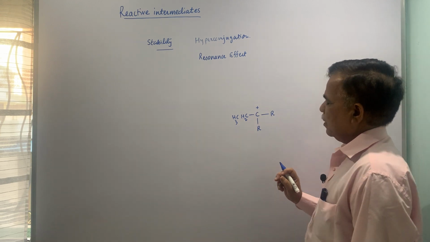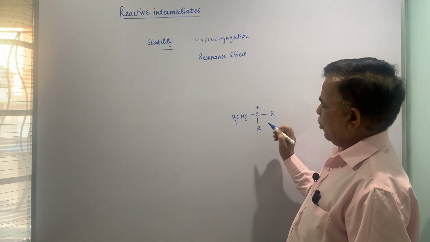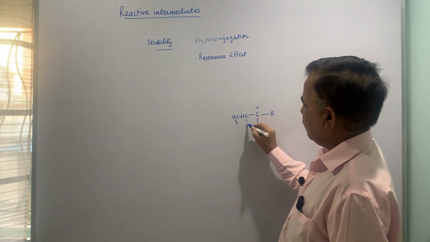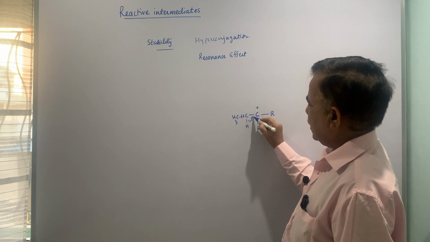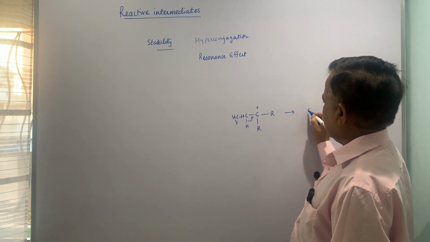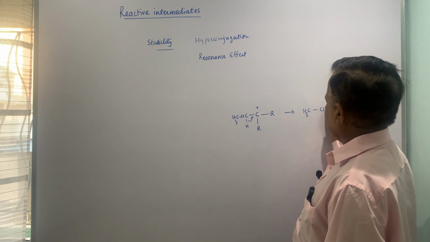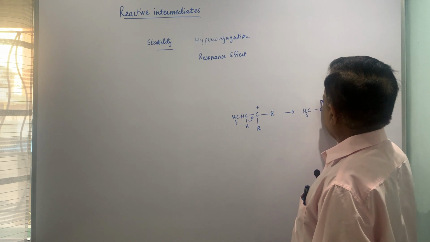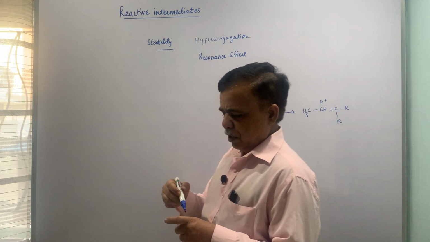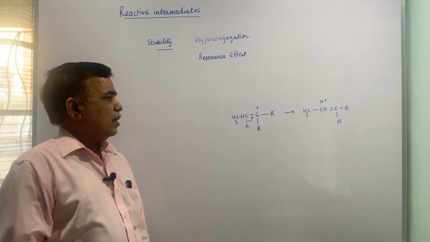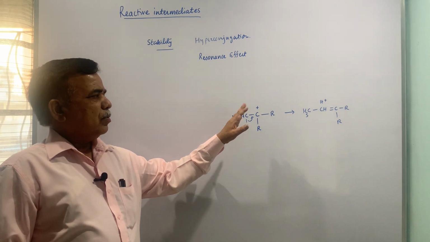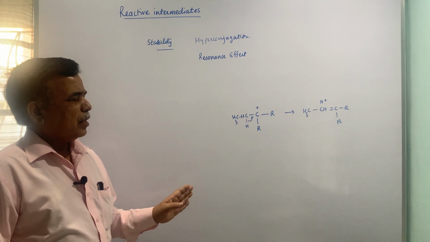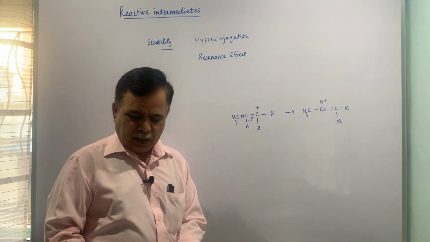Now this carbonium ion has got an alpha carbon, and now these CH sigma electrons can be utilized. This is hyperconjugation. So the number of alpha protons, there are 2, so obviously we can write 2 hyperconjugation structures. So this is the example.